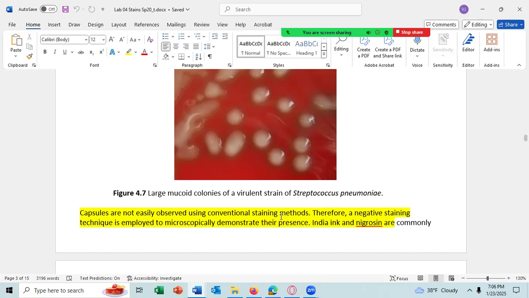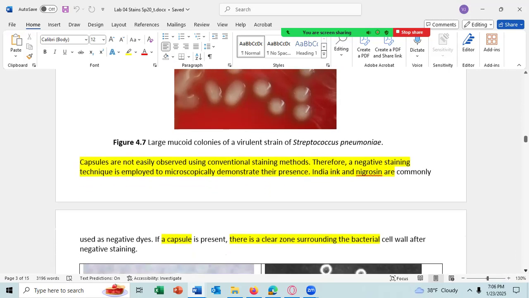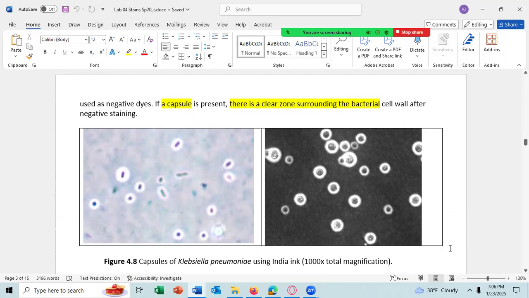Therefore, you have to use a very gentle procedure to get this capsule stain, meaning the capsule stain itself is a gentle procedure. And one capsule stain is a negative stain, where you apply India ink to the slide, and then you just leave the India ink on the slide. That's shown here.